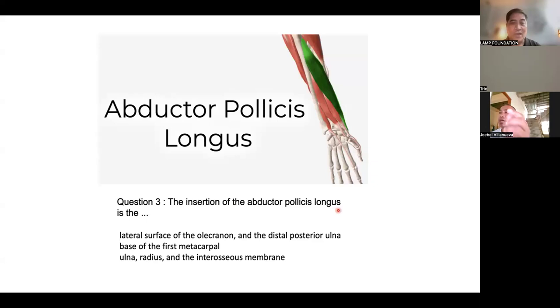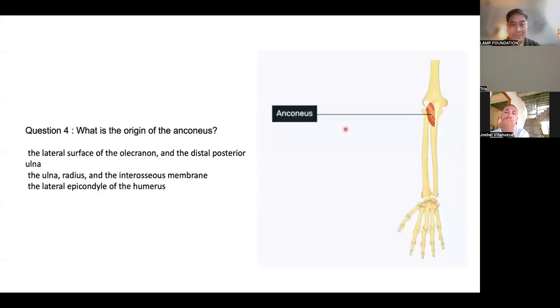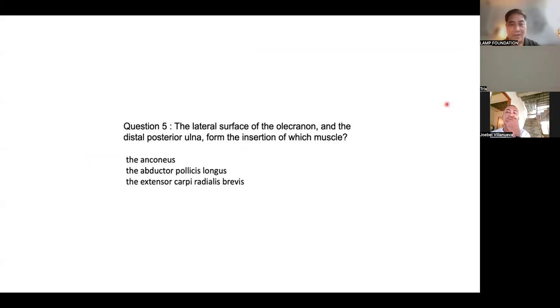The insertion of the abductor pollicis longus is the base of the first metacarpal. What is the origin of the anconeus? The lateral epicondyle of the humerus. Now you know. This is the humerus, the lateral epicondyle, and then the medial epicondyle.